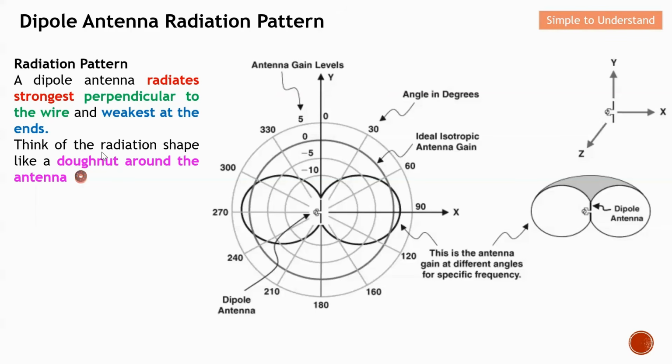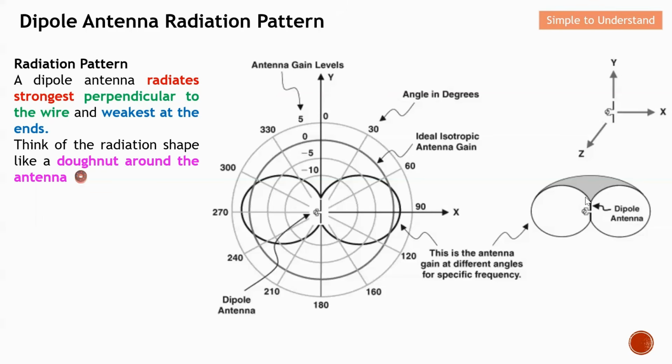So think of this radiation shape like a donut around the antenna. Imagine this: to obtain the donut shape, you look from the top, looking down. This is basically just one part. I cut it into one part, but you can imagine that it will be a whole, a full donut, with a hole right in the middle, because this is the dipole antenna.